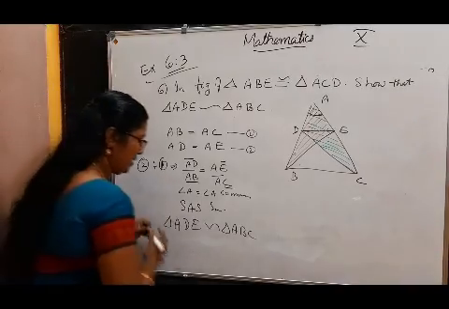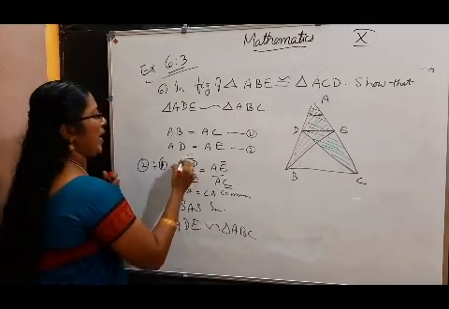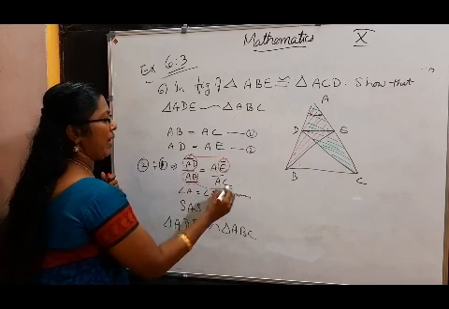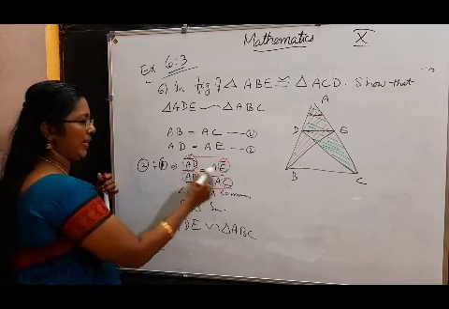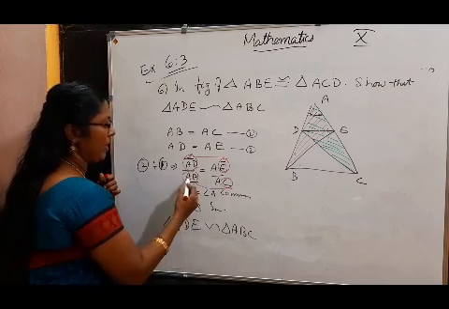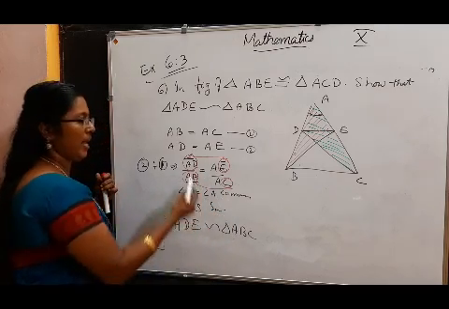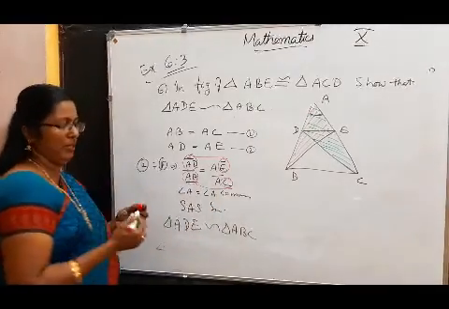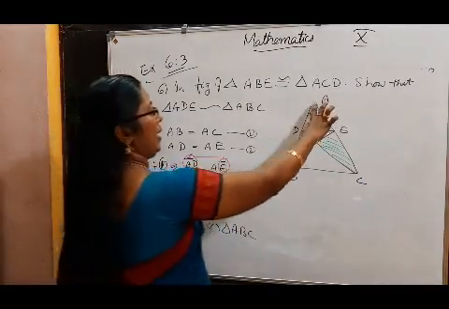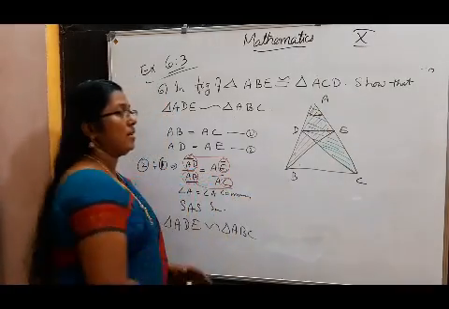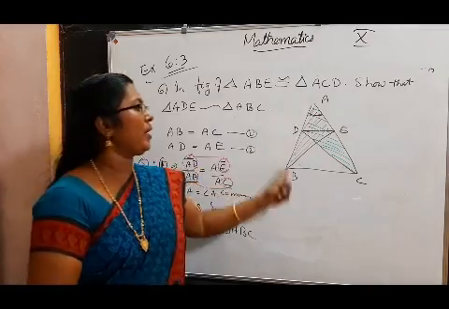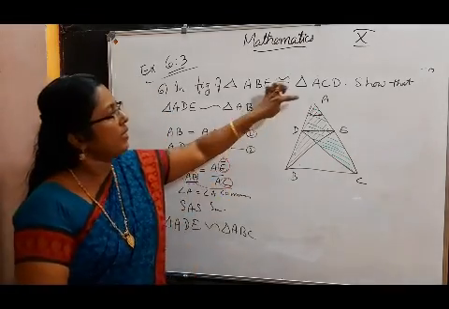How will you take this? ADE, then ABC. Triangle ADE is similar to triangle ABC. I repeat, AB and AC are sides of the congruent triangles, so AB equals AC.